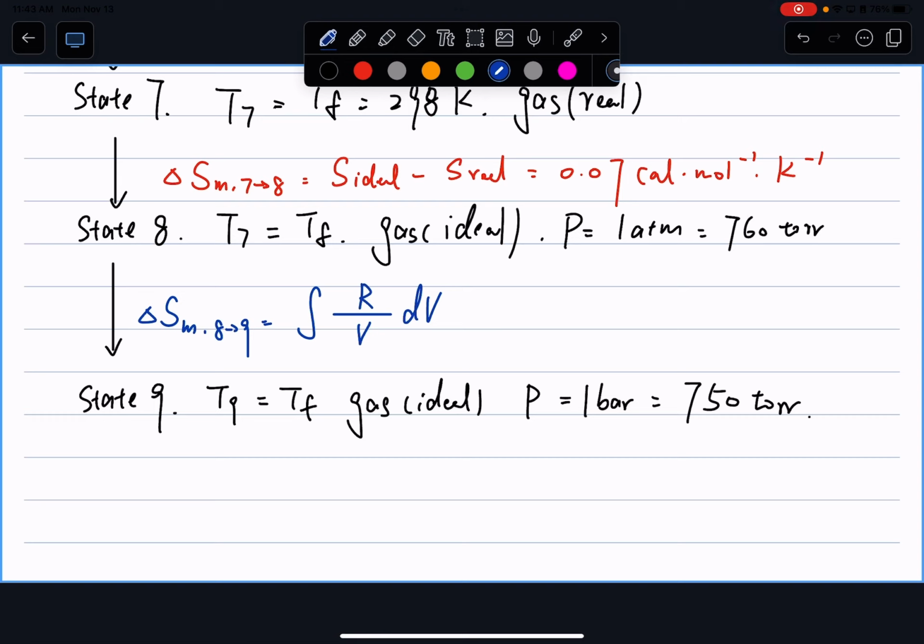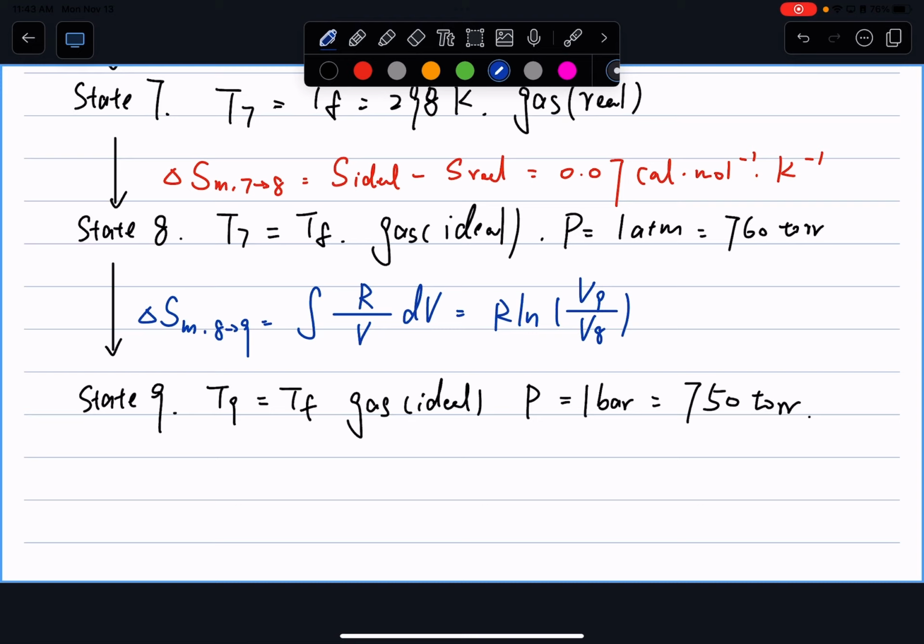And you can do that calculation to get your R ln V9 over V8. And since we're talking about an ideal gas, the pressure and volume is reversed.